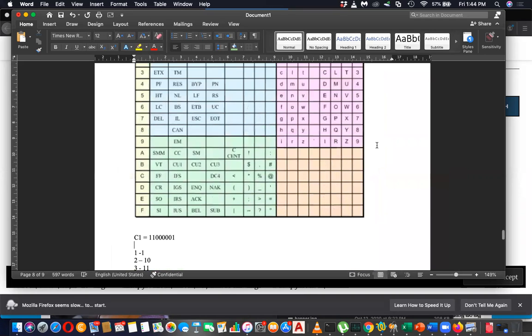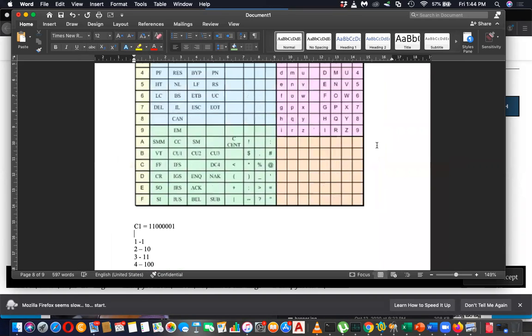What do you mean by ASCII? Have you heard of ASCII? The codes for the letters, like A is 65. ASCII means American Standard Code for Information Interchange.